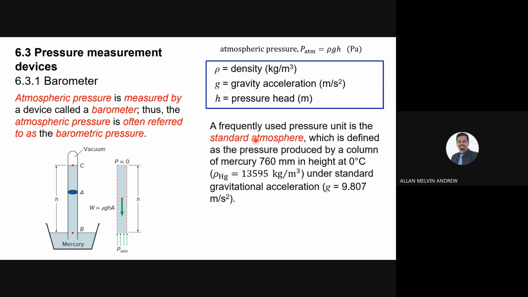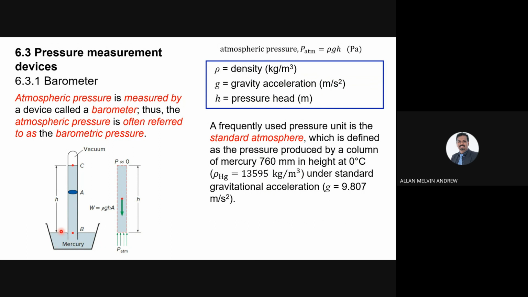A frequently used pressure unit is the standard atmosphere, which is defined as the pressure produced by a column of mercury 760 millimeters in height at 0 degrees Celsius under standard gravitational acceleration. That's why we are using mercury inside.